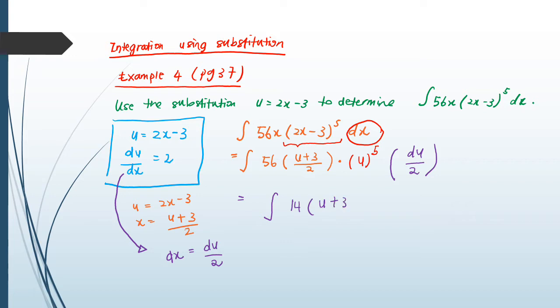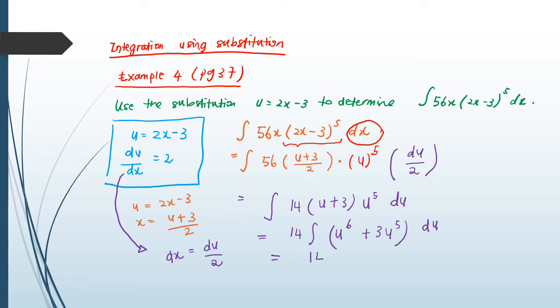the integral of (u plus 3) u to the power 5 du. Open brackets accordingly, and I should get 14 times (u to the power of 6 plus 3u to the power of 5). I'm supposed to integrate this with respect to u.